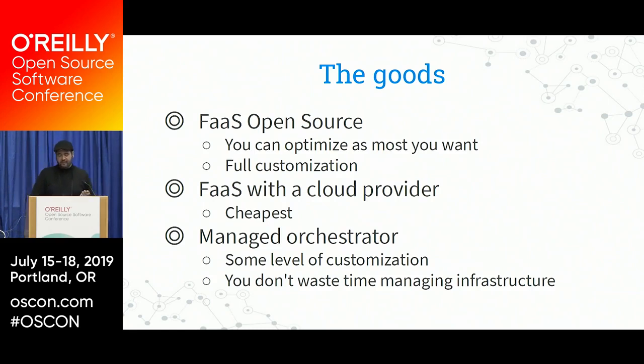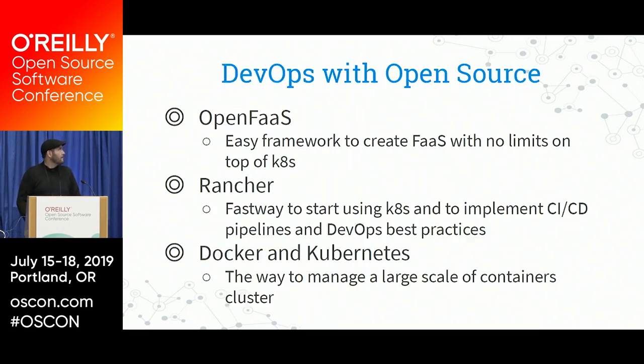And the goods for the managed orchestrator: there is some level of customization, and you don't waste time managing that infrastructure. So there are DevOps tools, like OpenFaaS, Rancher, Docker and Kubernetes, that help you to implement some DevOps processes, best practices, and that kind of thing.